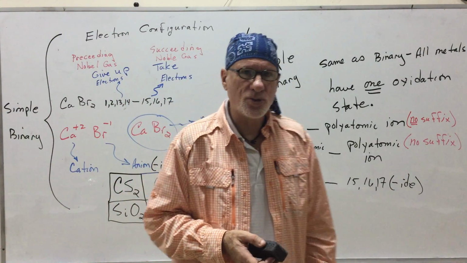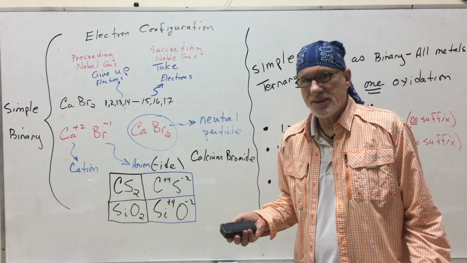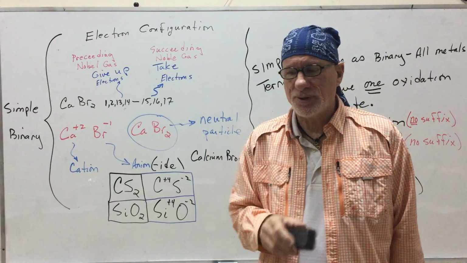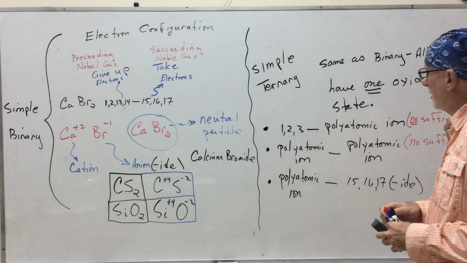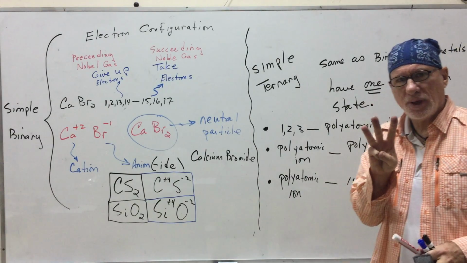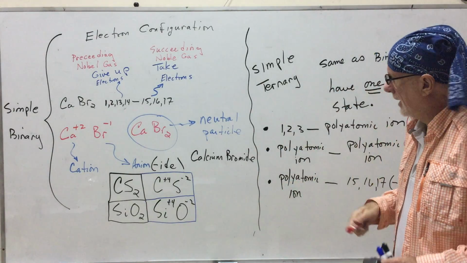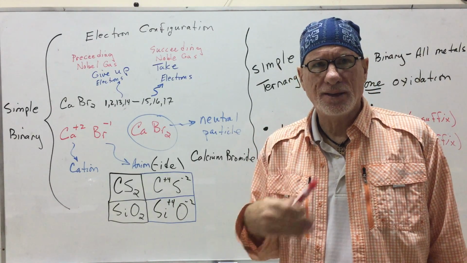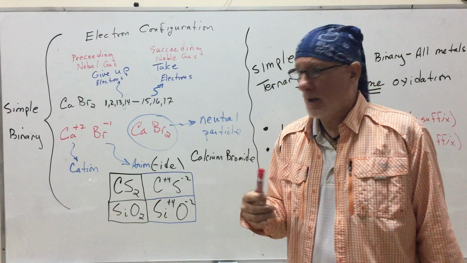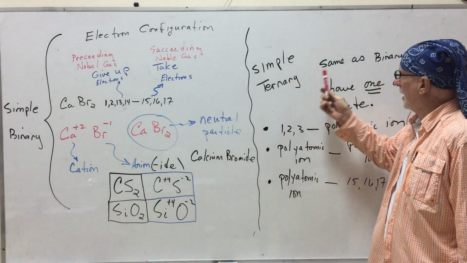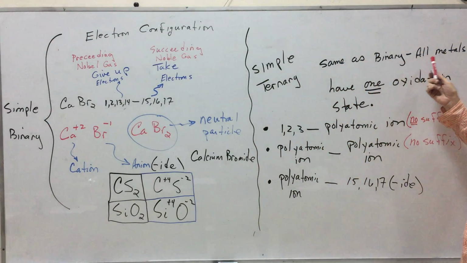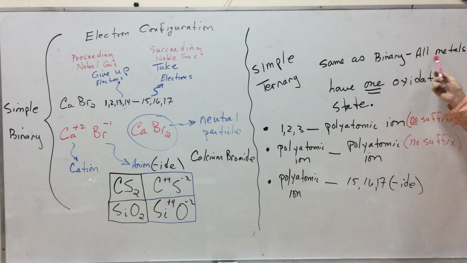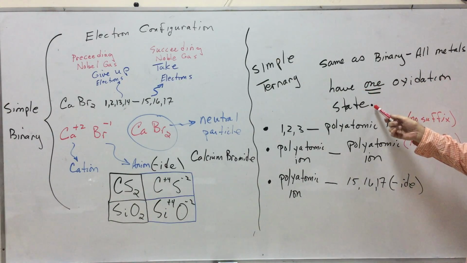Simple ternary is really the same rules except ternary, meaning 3 or more. And what gives it that extra atom? Well, it's the polyatomic ions. So it's the same as binary. All metals have 1 oxidation state.